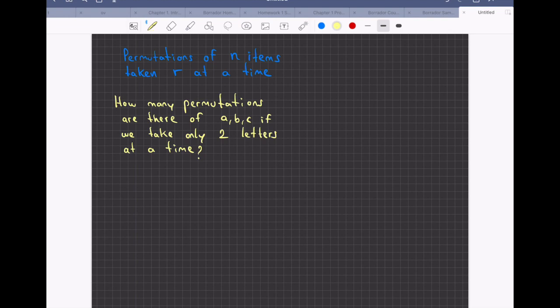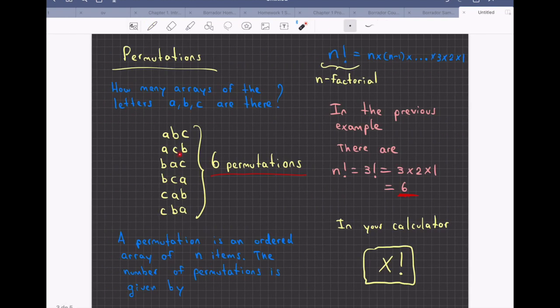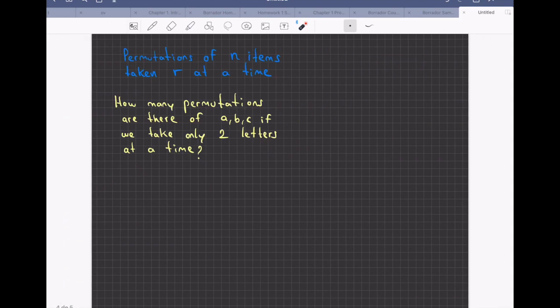In this case, we're not taking into account the 3 letters to create the arrays of the permutations, but what would this be if we choose only 2 letters?